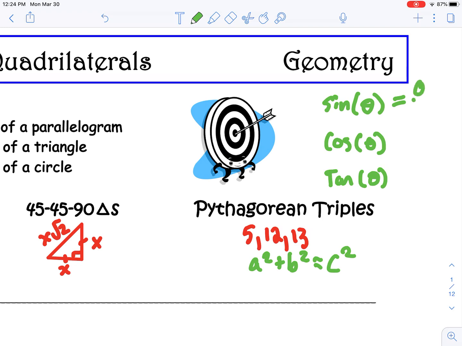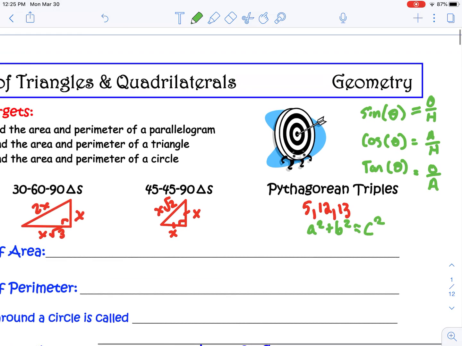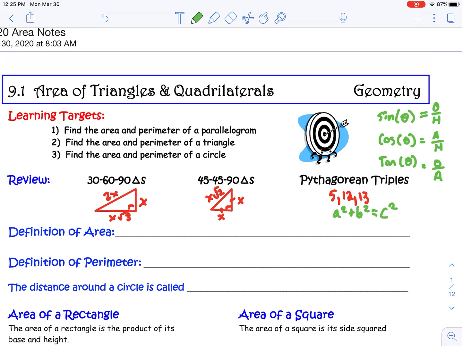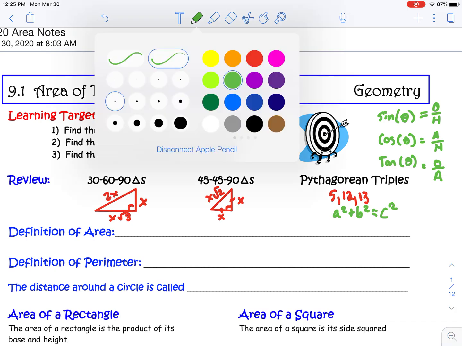Sine compared the opposite to the hypotenuse. Cosine compared the adjacent to the hypotenuse. And tangent compared the opposite to the adjacent. With these 6 tools, we are now set up and ready to start working with basic area principles. And these tools will come into play to help us find unknown measurements along the way.